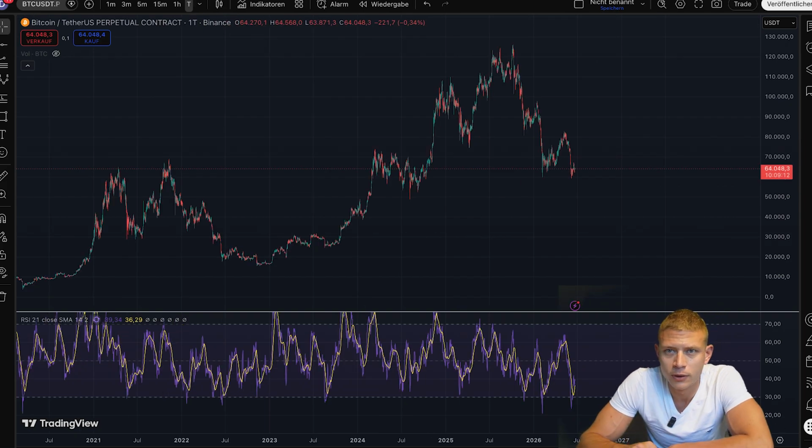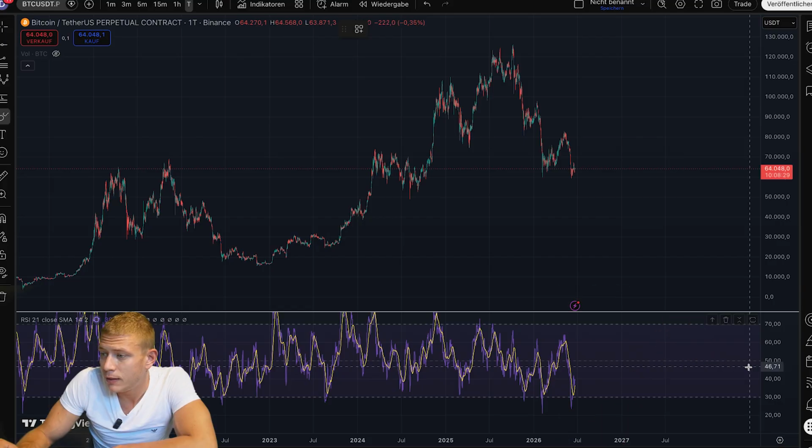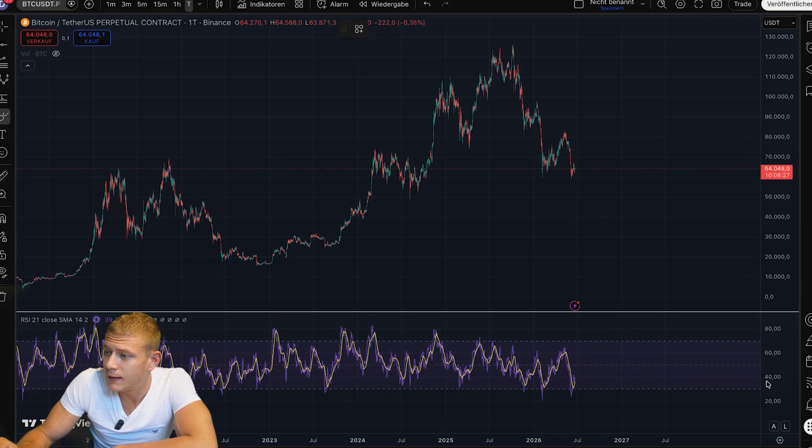First of all, I want to start with the most simple way to look at it. You can see that on the RSI indicator there is a black area on the top, a black area on the bottom, and a purple area in between. You can also see there are numbers on the side. The black area goes from 0 to 30 on the downside, and from 70 to 100 on the upside.